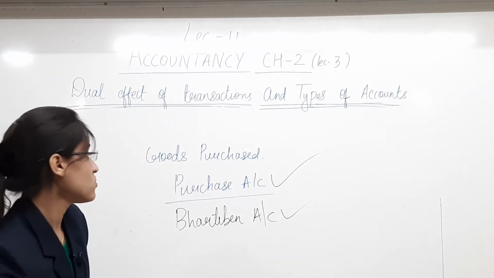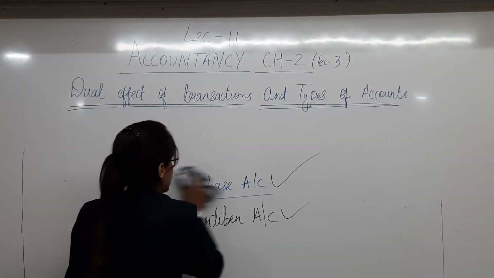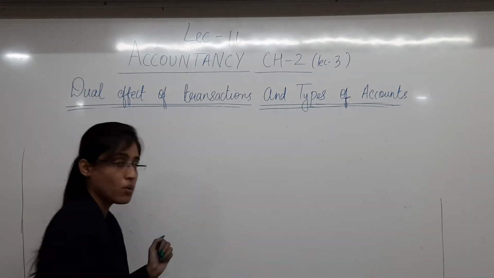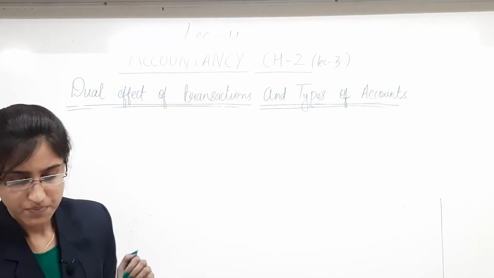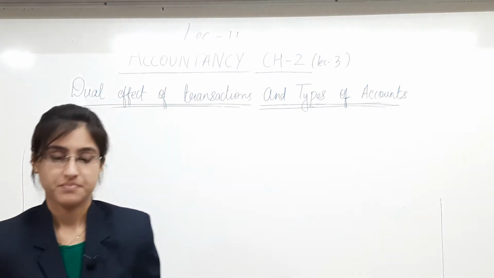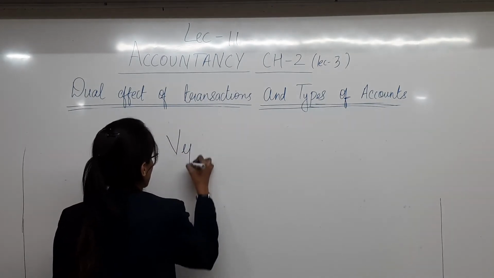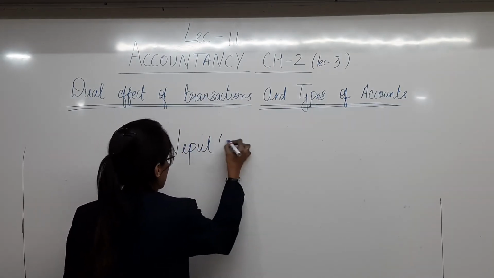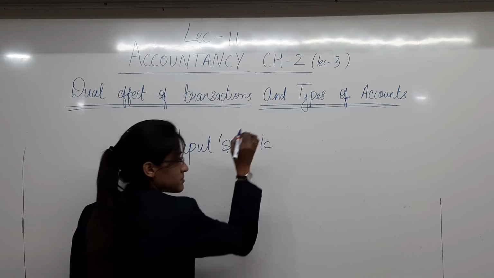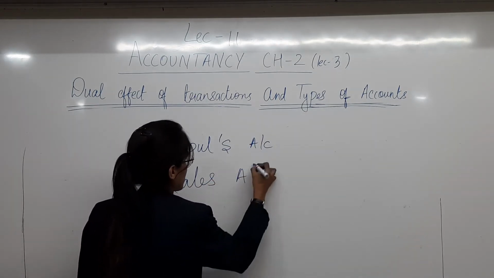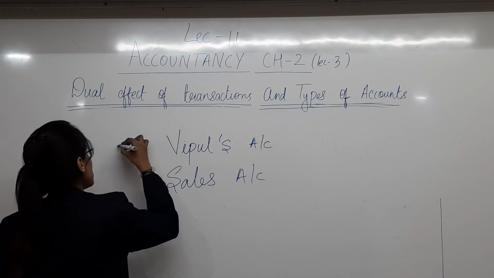Yes? So, Manoj has sold goods to whom? To Vipul. So first effect is Vipul's account. Second effect is sales account. Why? Because you have sold goods to Vipul.